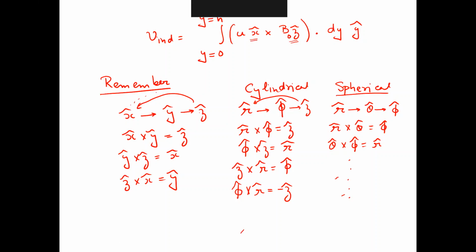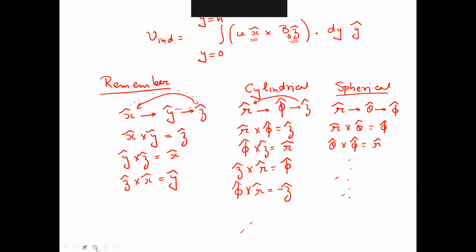X cross Z is going in the clockwise direction, opposite of the counterclockwise direction. The result is going to be along the Y dimension, but because I'm going in the clockwise direction, it is negative.